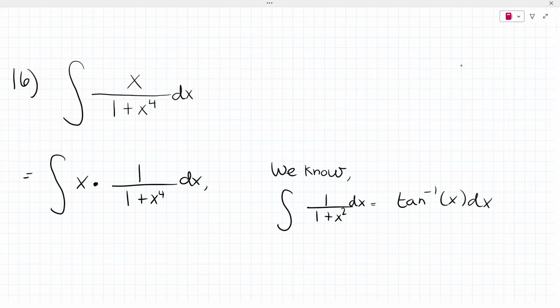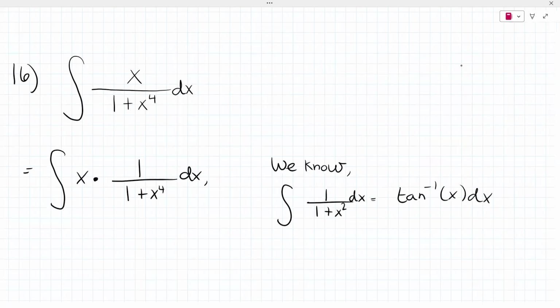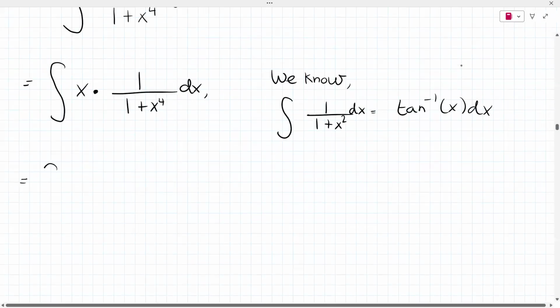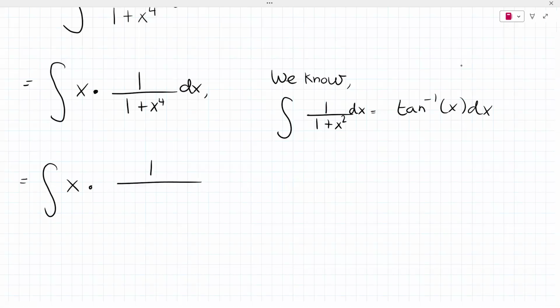So what we'll do is, we don't have an x squared. Maybe we can rewrite x to the fourth as x squared, squared. That's what I'll do. Okay, I think that's much better.